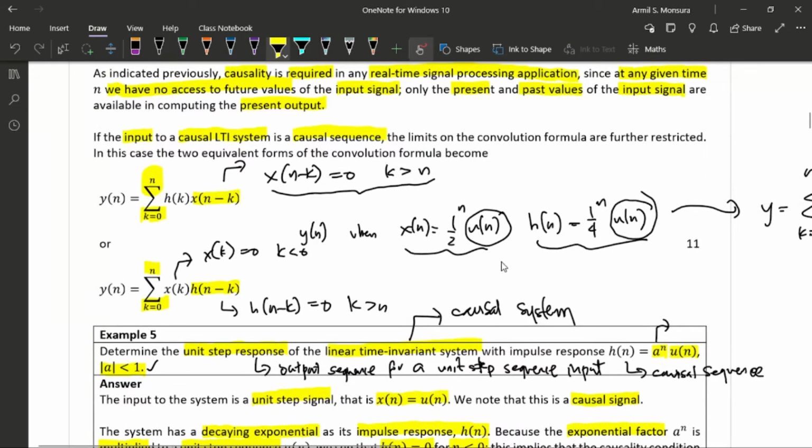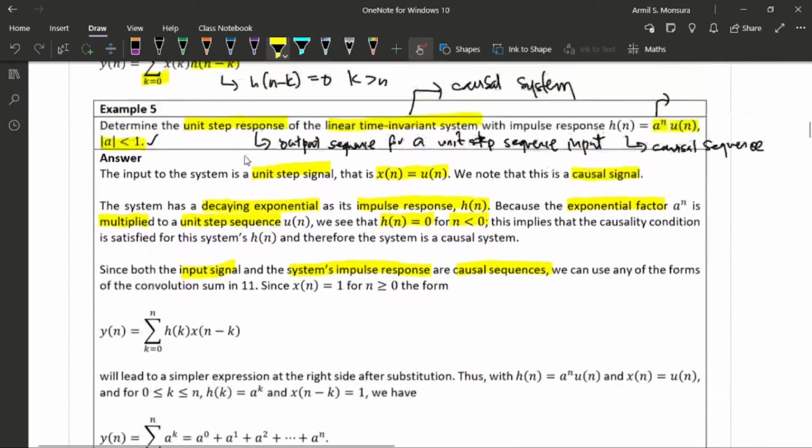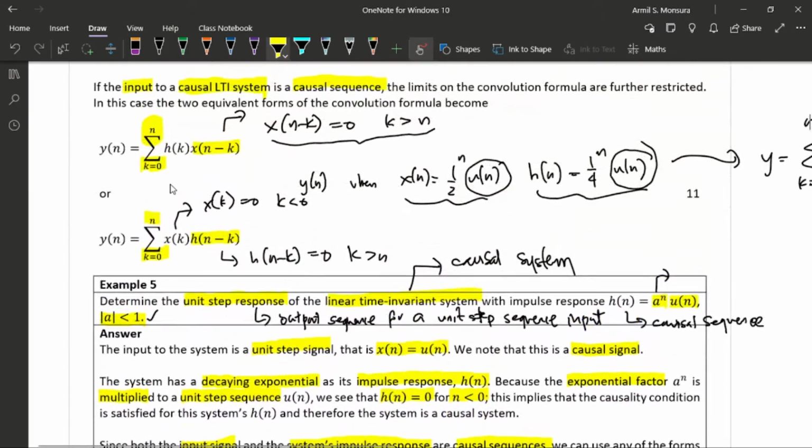Both the input and the system: the input is a causal sequence, the system is a causal LTI system. So, we can use any of these two kung ganun yung situation natin, kung causal yung LTI system natin at yung input sequence natin is also causal.